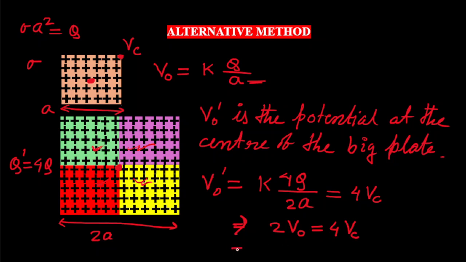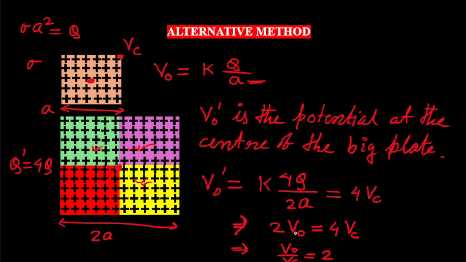And then if we take the ratio V0 by Vc, this will give you 2. So both processes give the same answer. But if this problem is asked in any kind of competitive exam, I suggest using the second method.